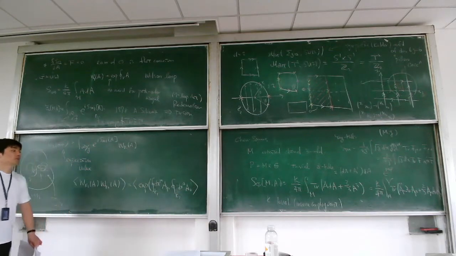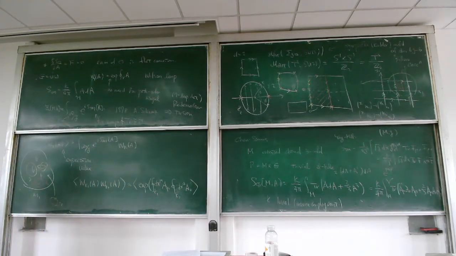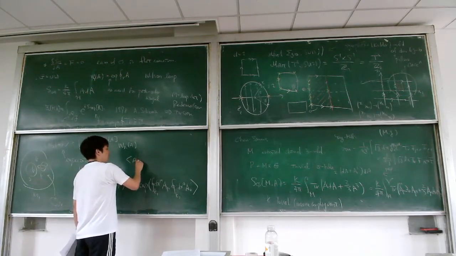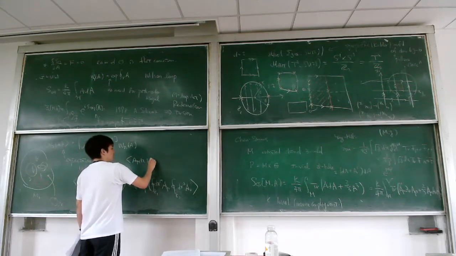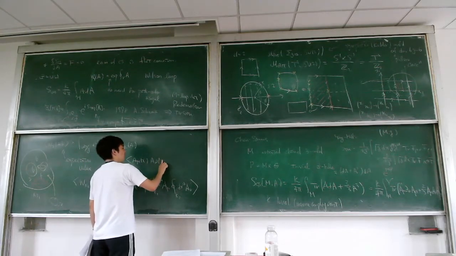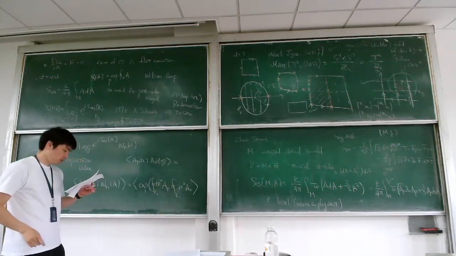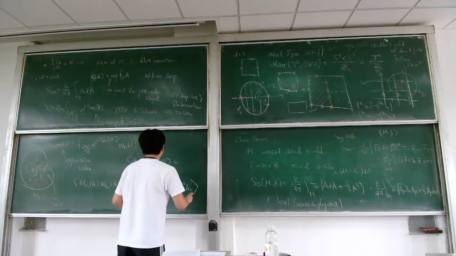Like this. The abelian Chern-Simons expectation value of x is a two-point function that can be easily computed, which takes the following value.